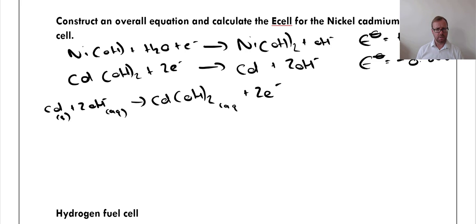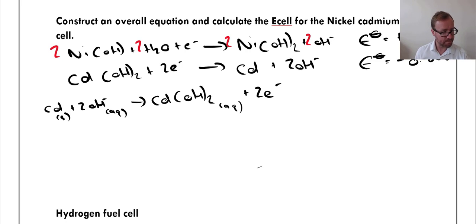Is that correct? Yes. Now you might also notice that our electrons don't balance, so I need to make sure that I balance this equation, and now I can add these together.